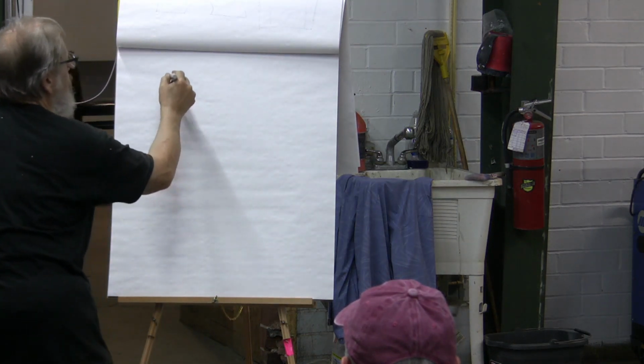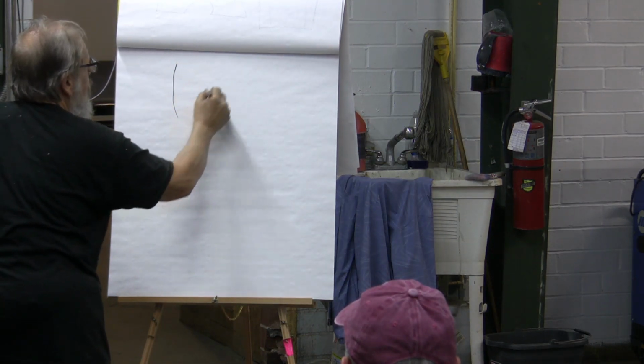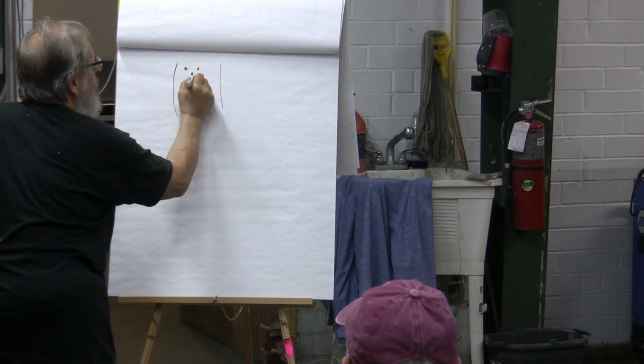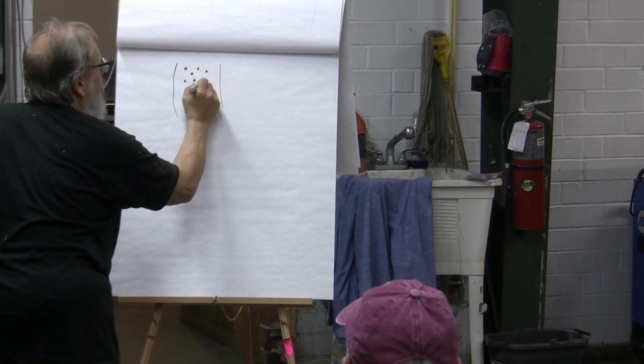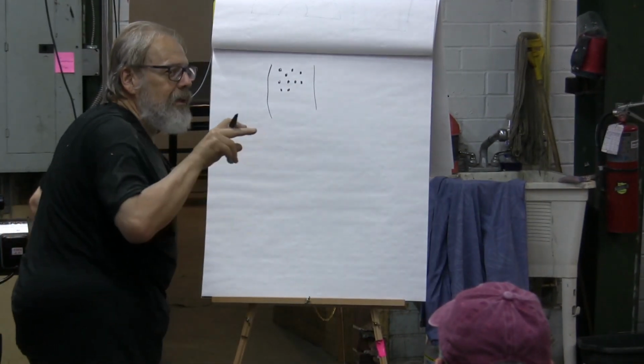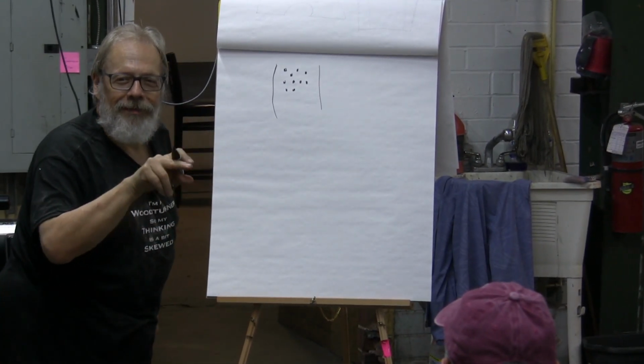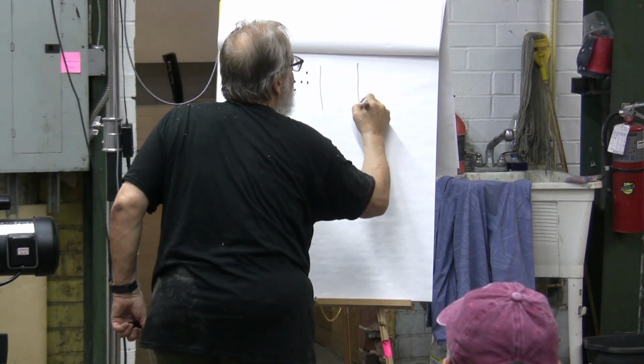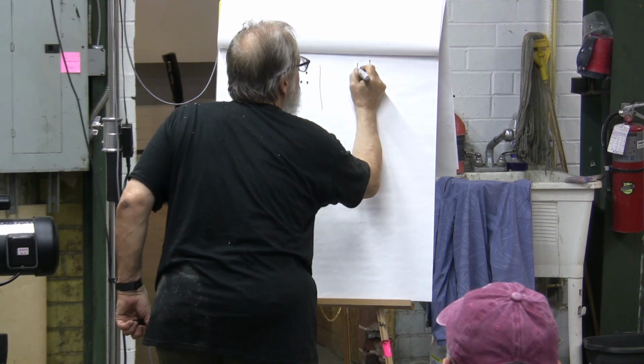So what you're going to wind up with, up close, is all these little dots that are depressions in the wood, right? If you look at this from the side, it's going to look like this.